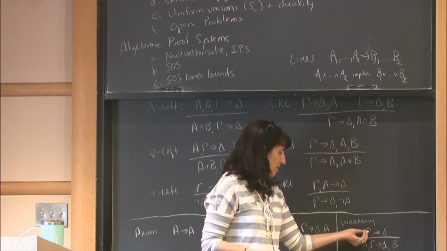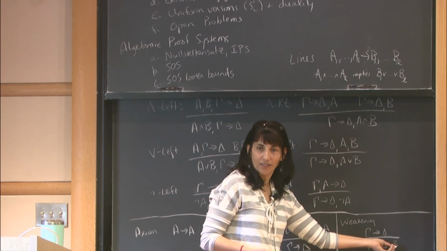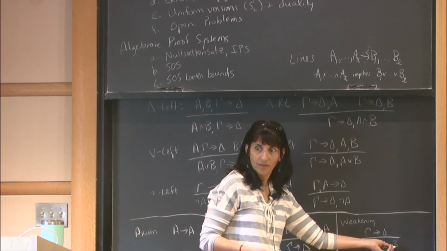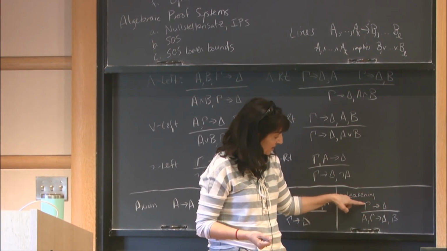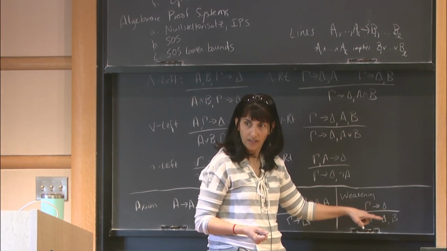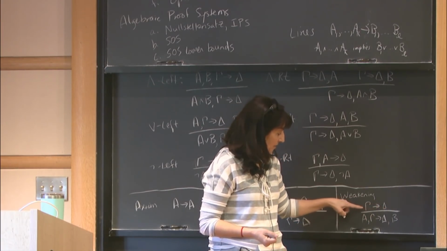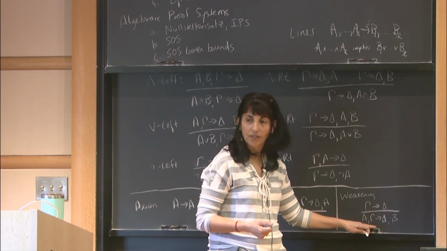And likewise, if you already know that this implies delta, then it's still going to imply delta or something else. Sorry, what does this line mean? You should interpret this as the conjunction of these things logically implies the disjunction of this. This means, so these are the rules: from the stuff on the top, you can conclude the stuff on the bottom.